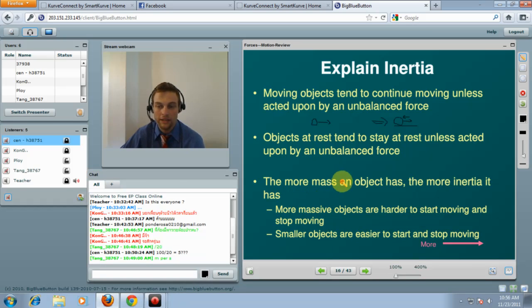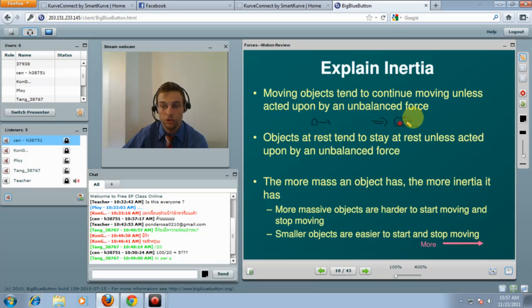And the more mass an object has, the more inertia it has. So the bigger an object, the harder it is to start or stop moving. I don't know if any of you are familiar with any major football players, but giant people that are running at full speed are really hard to stop.